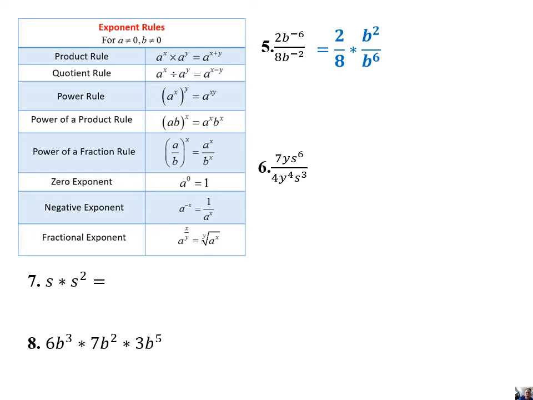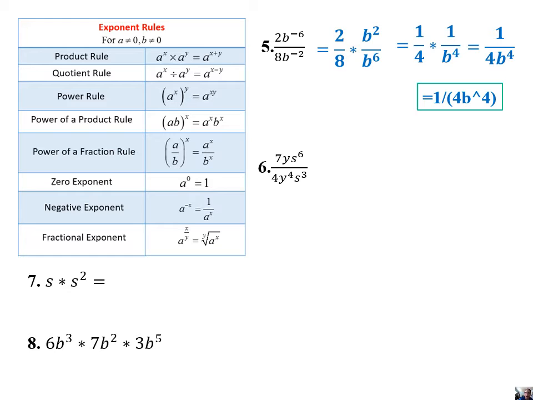And then 2 over 8 reduces to 1/4, and then out of the b's, there's more b's on the bottom. There's 4 more, and so we would have 1 over b to the 4th. And that whole answer would be 1 over 4b to the 4th. Typing it into Summit, it would look like 1 divided by parenthesis 4b caret 4, close the parenthesis.